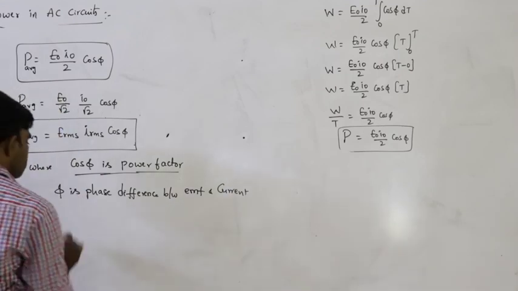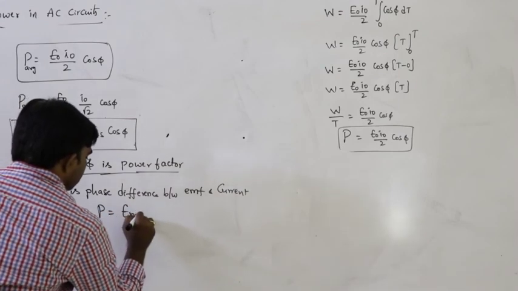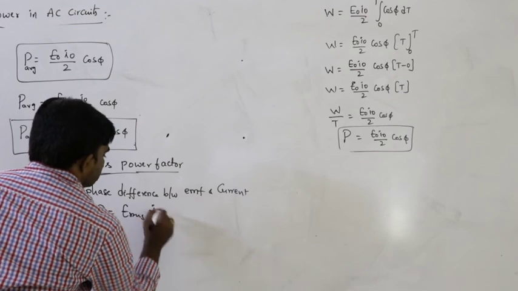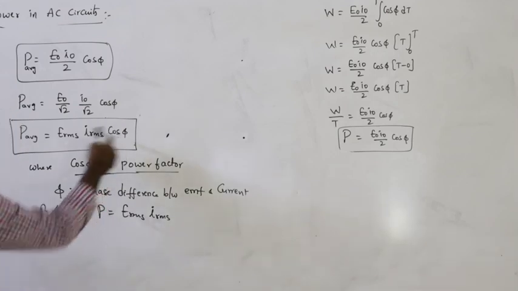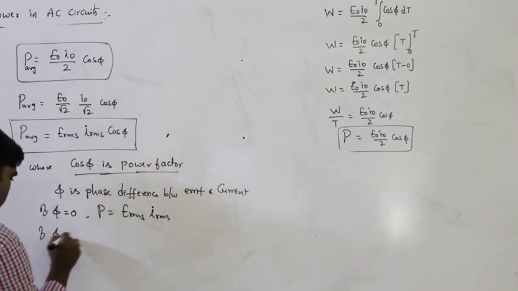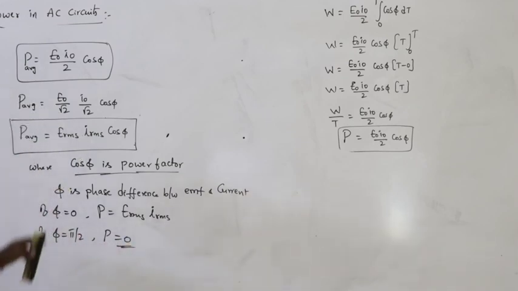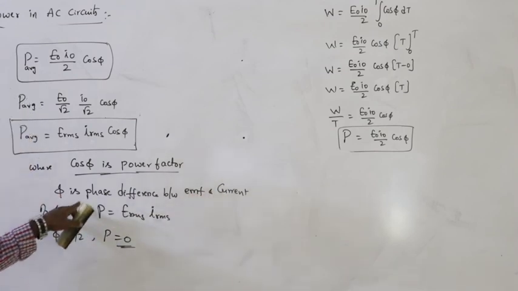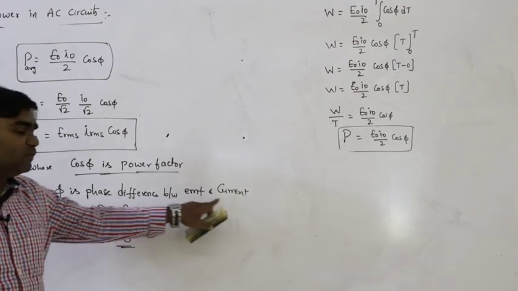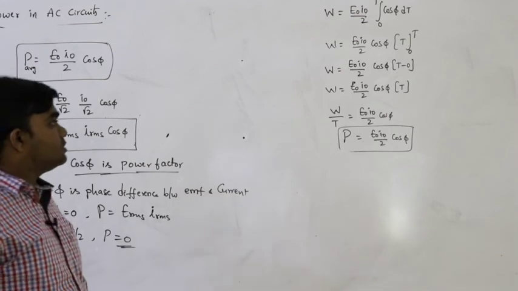If phi is equal to 0, then power is equal to ERMS into IRMS, since cos 0 is 1. If phi is equal to pi by 2, then power consumed is equal to 0. So if the phase difference between the EMF and current is 0, then the maximum amount of power is consumed. If the phase difference between the EMF and current is 90 degrees, the power consumed must be equal to 0. So this is the situation.